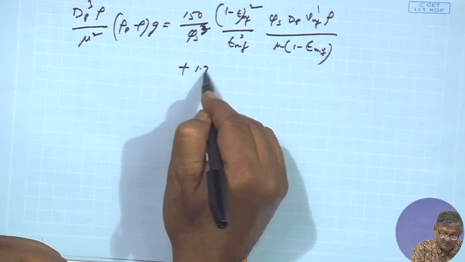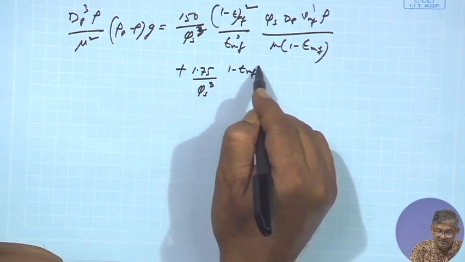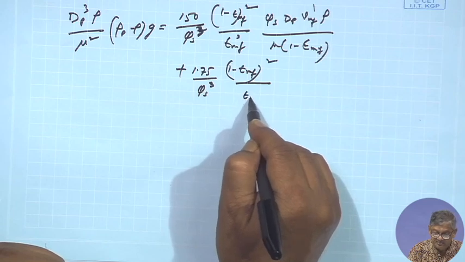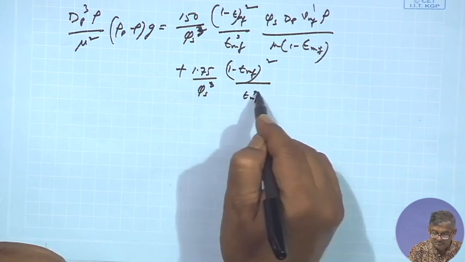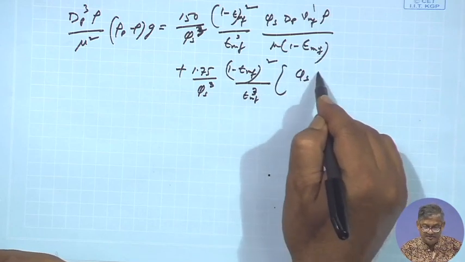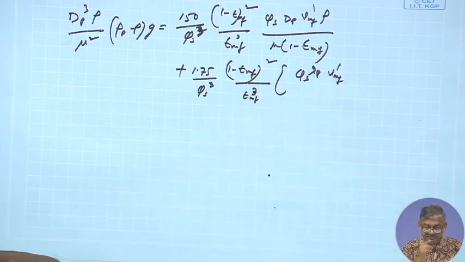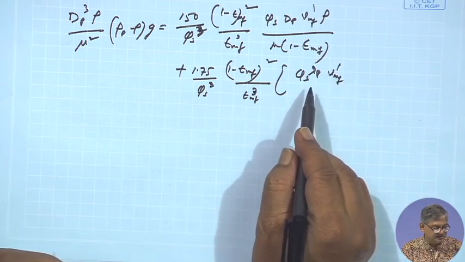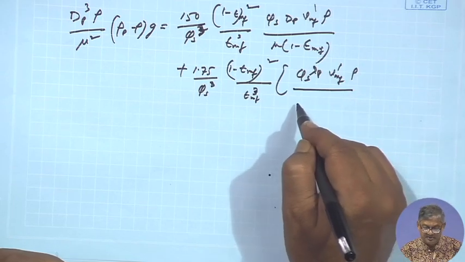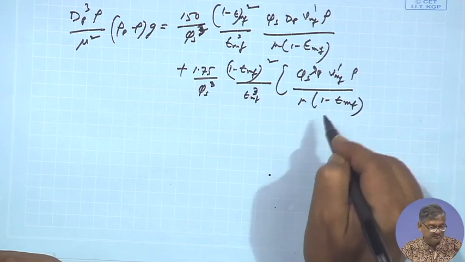This plus 1.75 over phi_s cubed into (1 minus epsilon_mf) squared over epsilon_mf cubed, right, into phi_s d_p V_mf prime into rho divided by mu into (1 minus epsilon_mf), right.